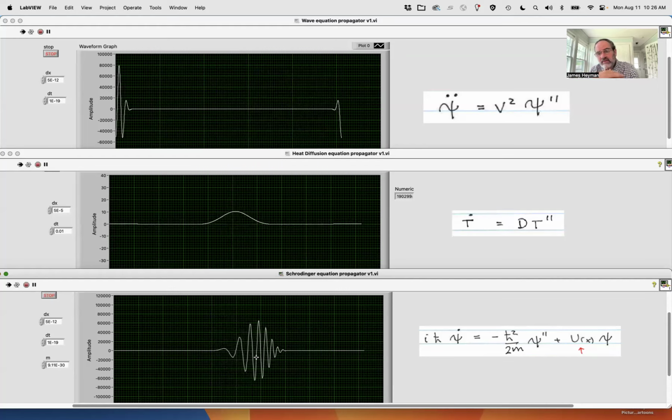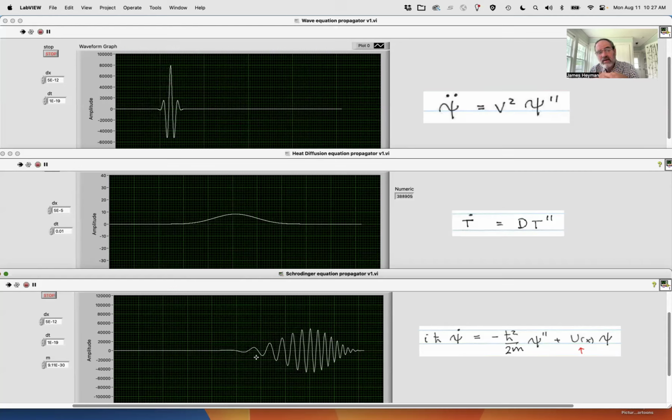Anyway, we can use Schrodinger's equation to propagate the wave function forward in time by numerical integration, as we can for all types of waves. This is sort of interesting, really, because it tells us that if we know the state of a system at one moment in time, we can actually predict deterministically how the wave function will evolve.